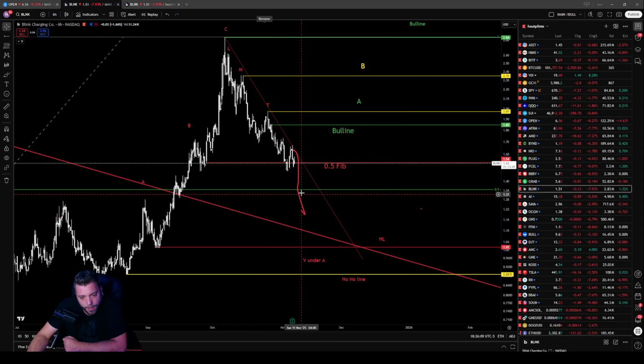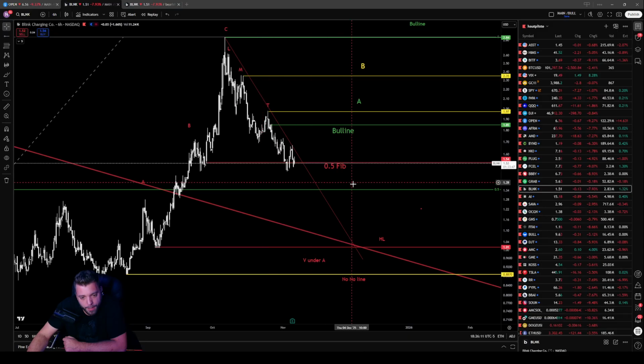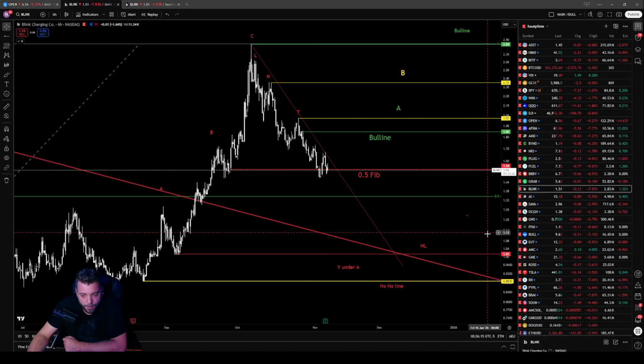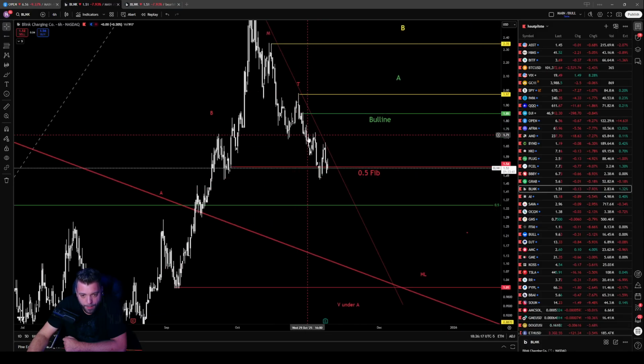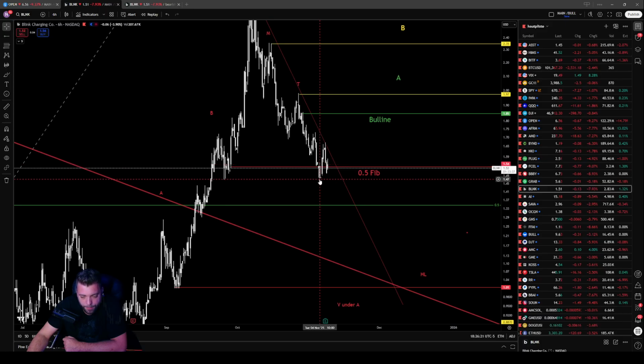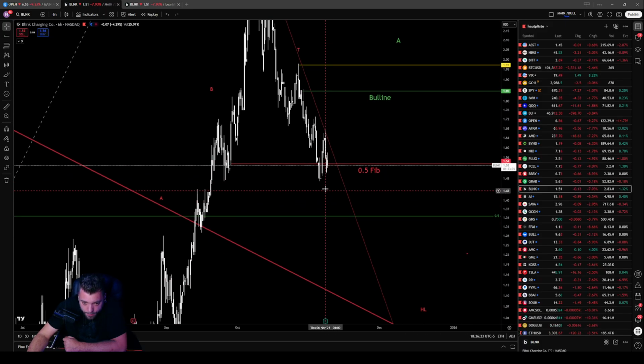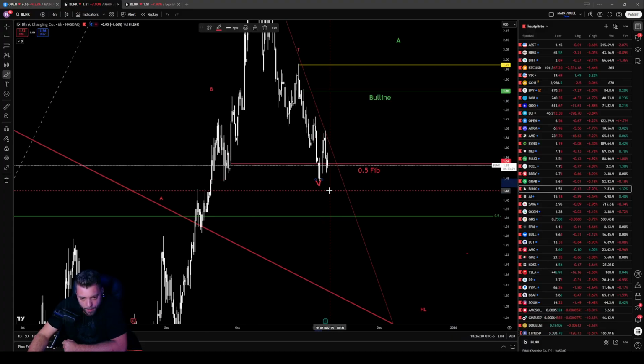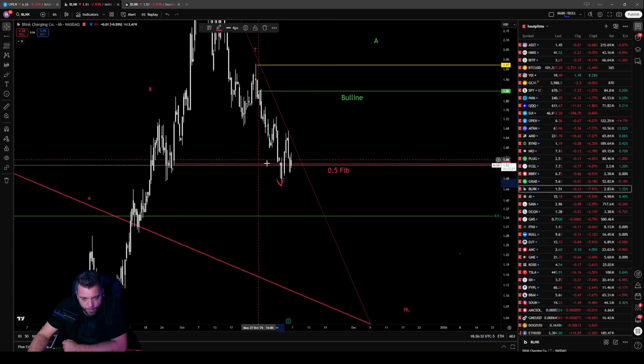Yeah, two ways. We are at our 0.5 FIB. So we already made a lower low to our T. So if this from Tuesday, what is this? If this 1.47 was our V, then this here could already be our higher low.